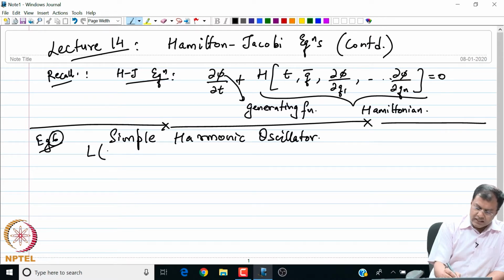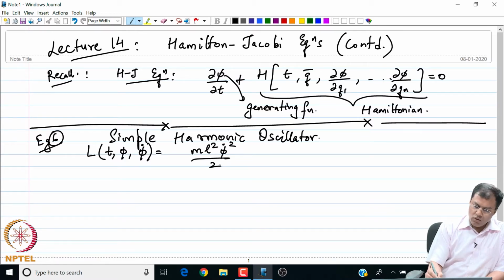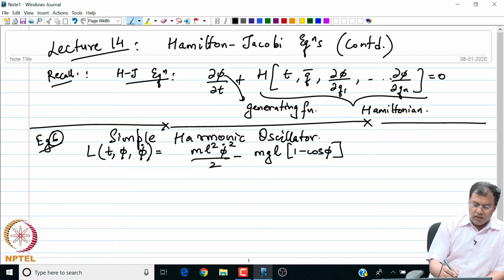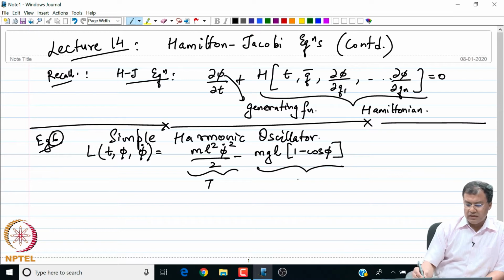In this case, the Lagrangian for the simple harmonic oscillator is as follows: L of t comma phi dot is equal to m L square phi dot square by 2 minus m g L times 1 minus cos phi. Where this is the contribution from the kinetic energy, and this part is the potential energy of the system.